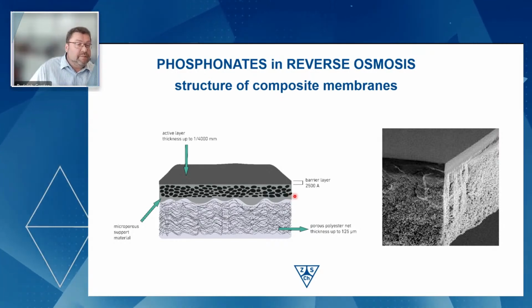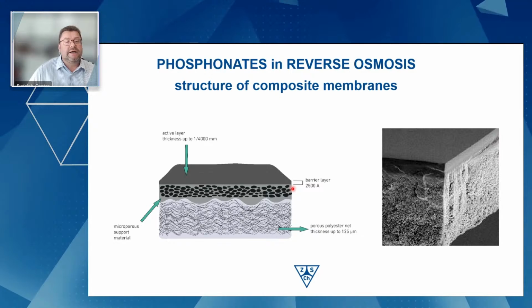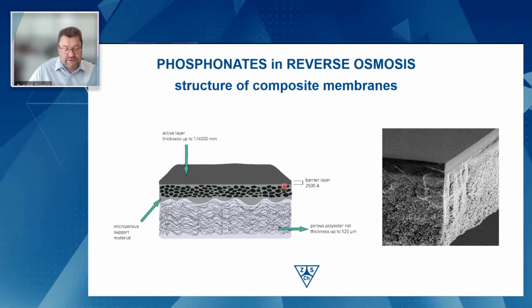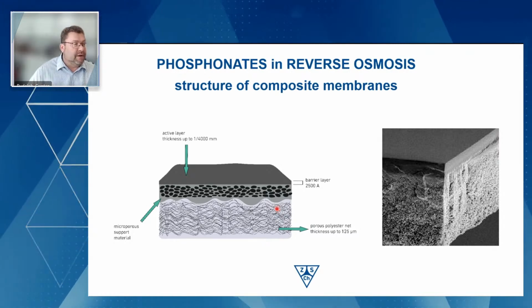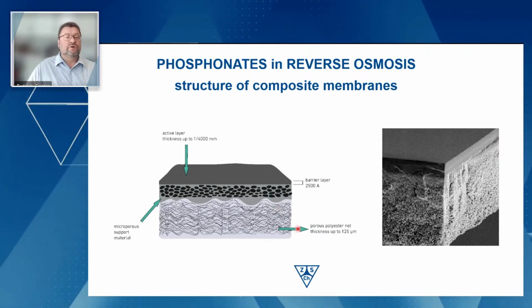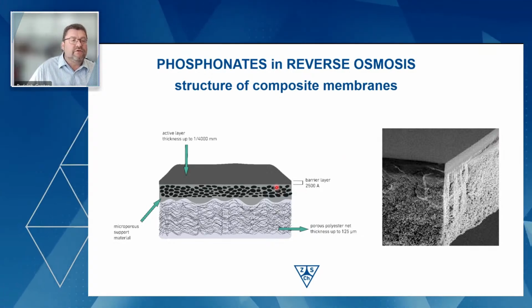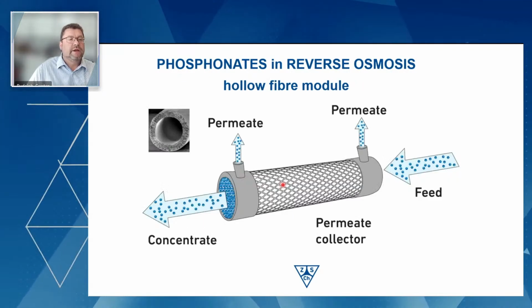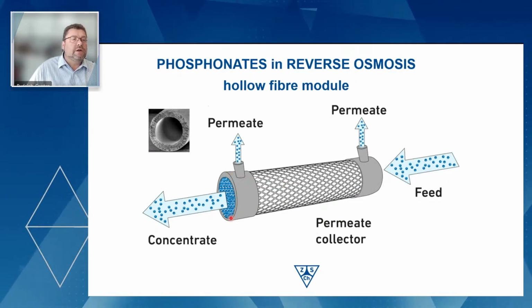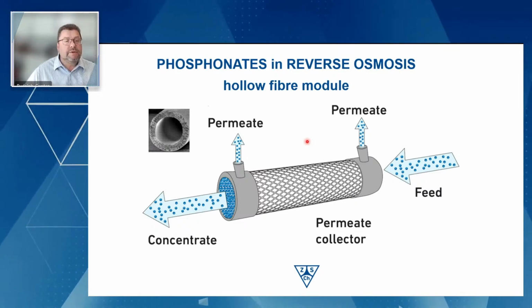To get an idea about the thickness of this membrane: these membranes are extremely thin. They are, for this reason, mounted on a carrier in order to keep some strength to avoid damages. But the active layer itself is really, really thin. So we speak about microns only. In practice, we have different models. Hollow fiber models are used sometimes for wastewater treatments.